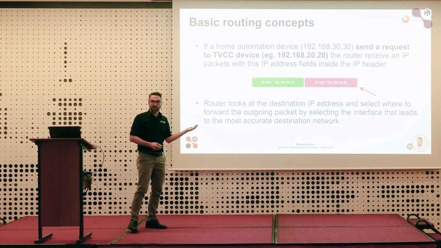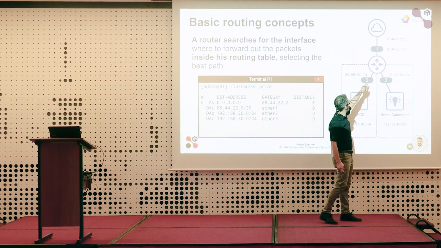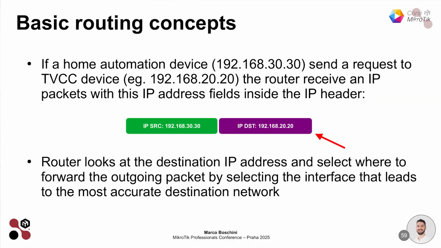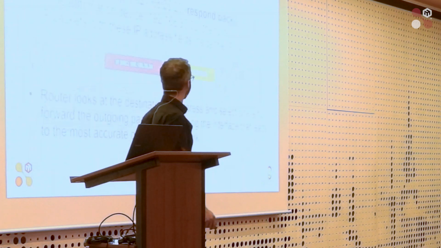If a home automation device, in the previous slide, wants to send data to the TVCC device, it sends the packets with the IP destination of that device, and the router looks at the routing table to find the best path to forward the packets.